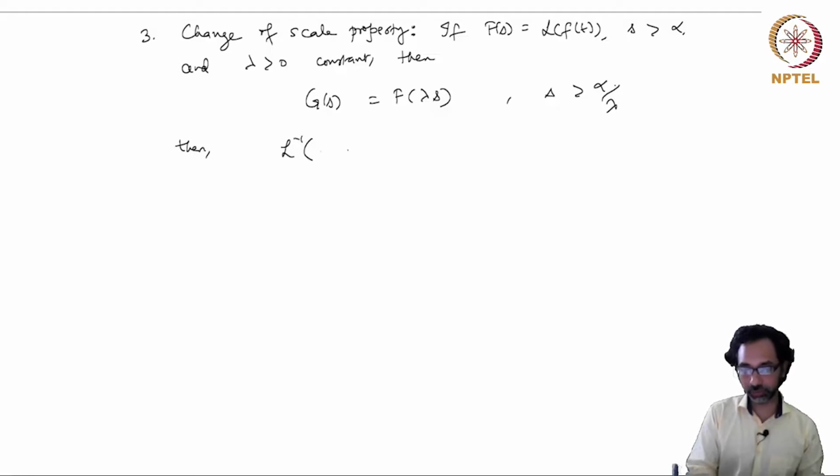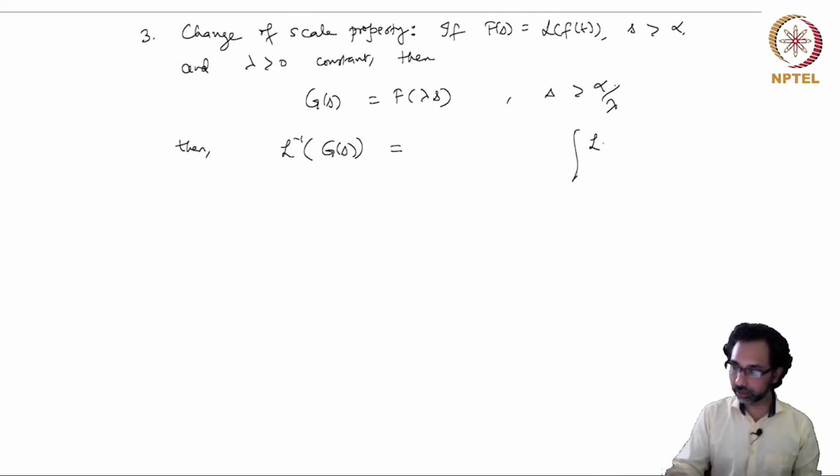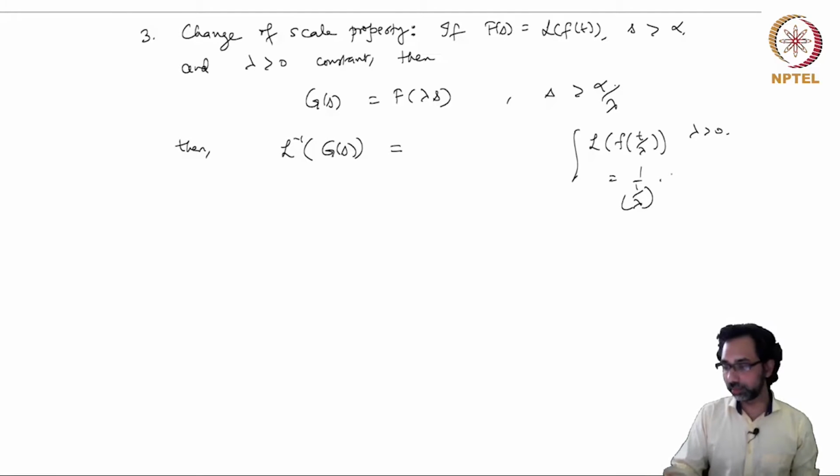then the inverse Laplace transform of G(s) is equal to, so we know that the Laplace transform of f(t over lambda), this is for lambda greater than 0, is nothing but 1 by lambda multiplied by F(s over 1 over lambda).